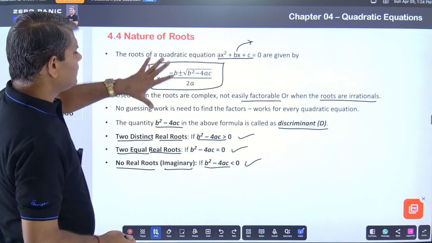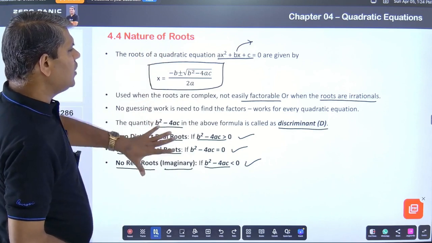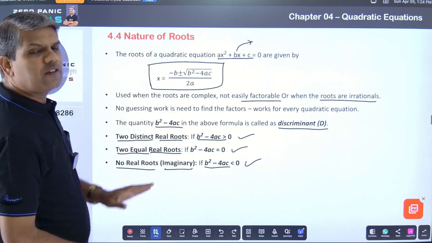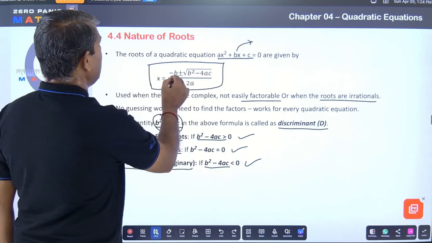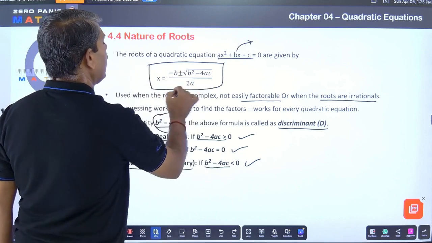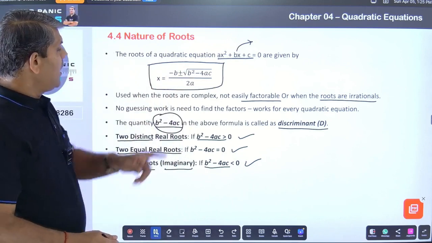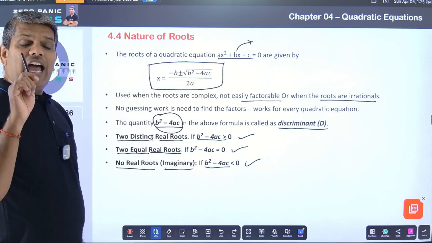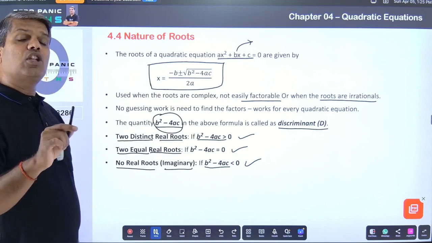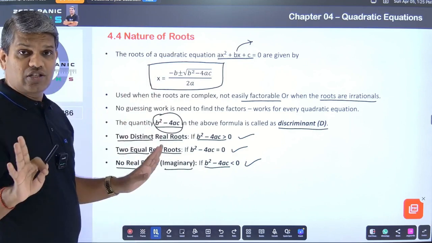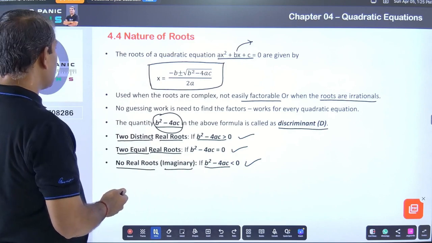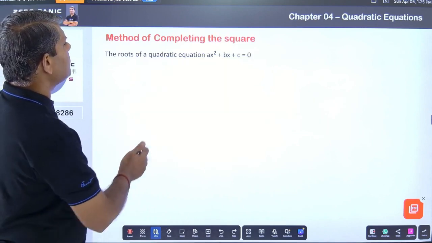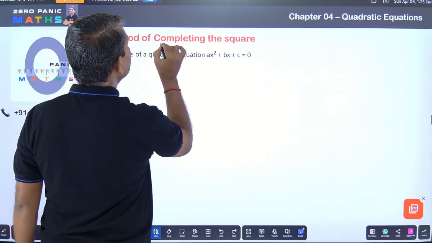I think you understood what exactly the nature of the root is. Let us see how we got this formula, minus b plus or minus square root of b square minus 4ac, divided by 2a. This is a formula for finding the roots directly without factorization, and the method of deriving it is called the method of completing the square.